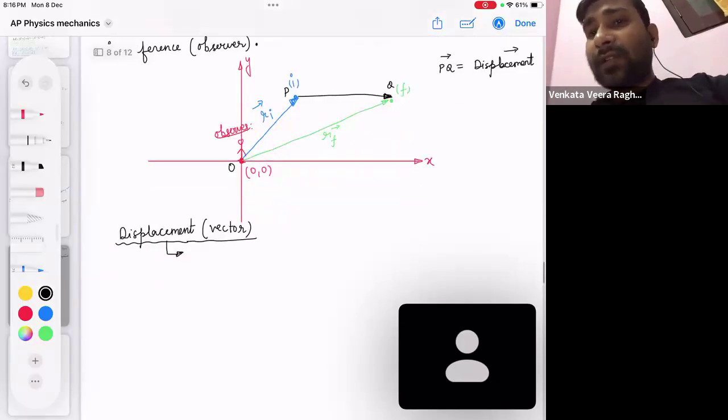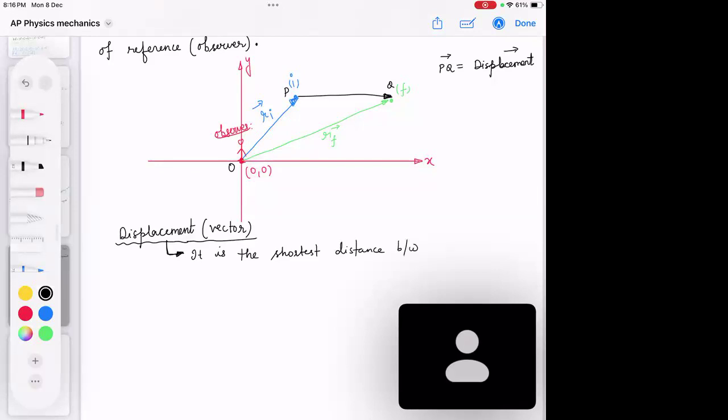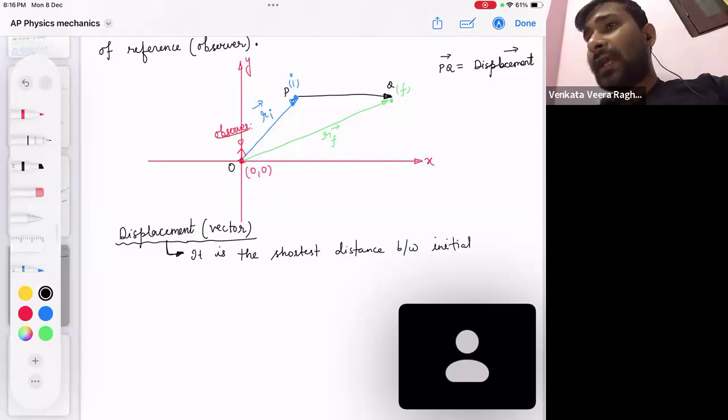So how can we write the displacement? We can write it in two, three ways. It is the shortest distance between the initial and final point, or the initial and final position. This is one way to define the displacement. The other way: the shortest distance between any 2 points is a straight line only, so it is the straight line distance between the initial and final point, or initial and final position.